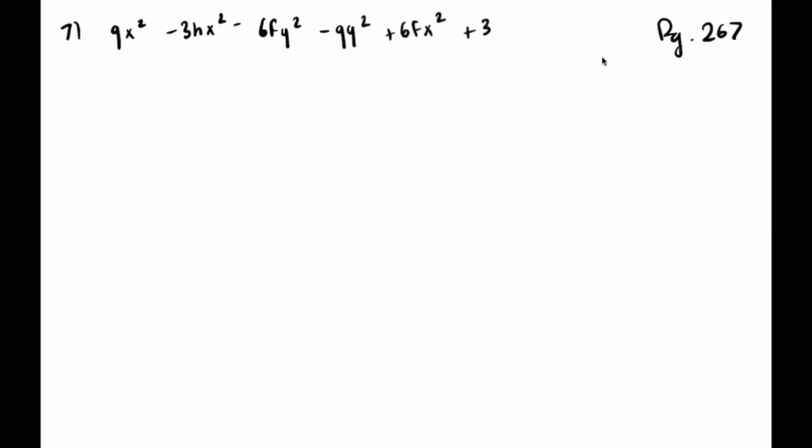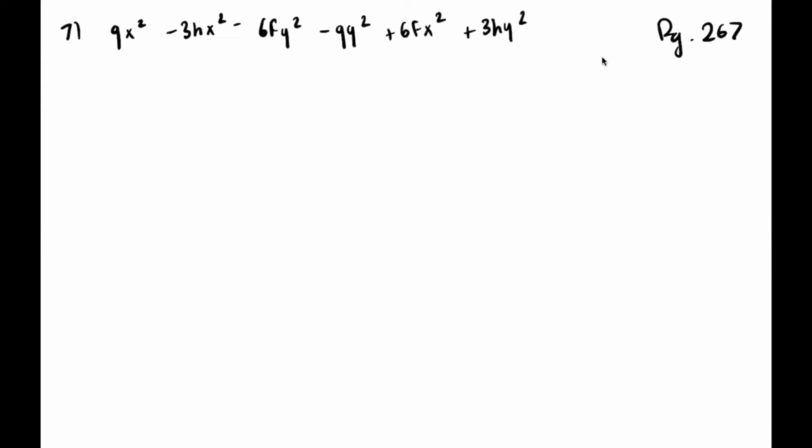So question number 7 on page 267 in your book says gx squared minus 3hx squared minus 6fy squared minus gy squared plus 6fx squared plus 3hy squared. So now we have to group these terms. How will we do that?